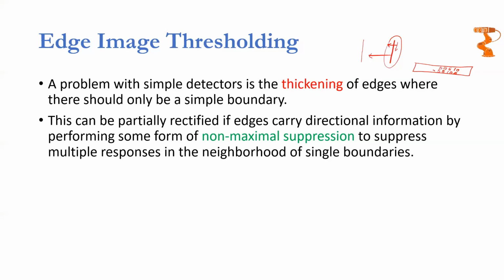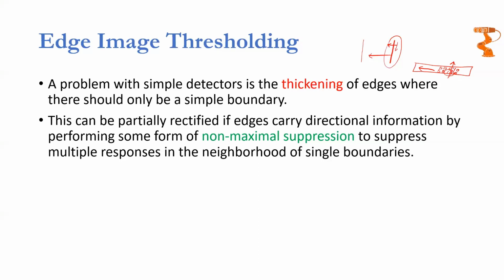Now you know that this is the direction of the edge. Non-maximal suppression would work like this: when you are standing over here in this location, you will look in this direction that is perpendicular to the direction of the edge.